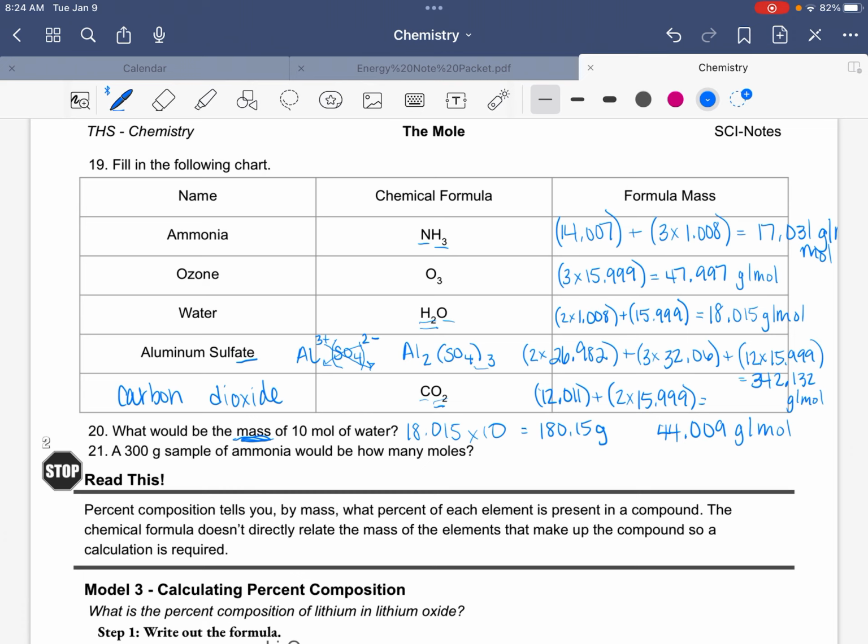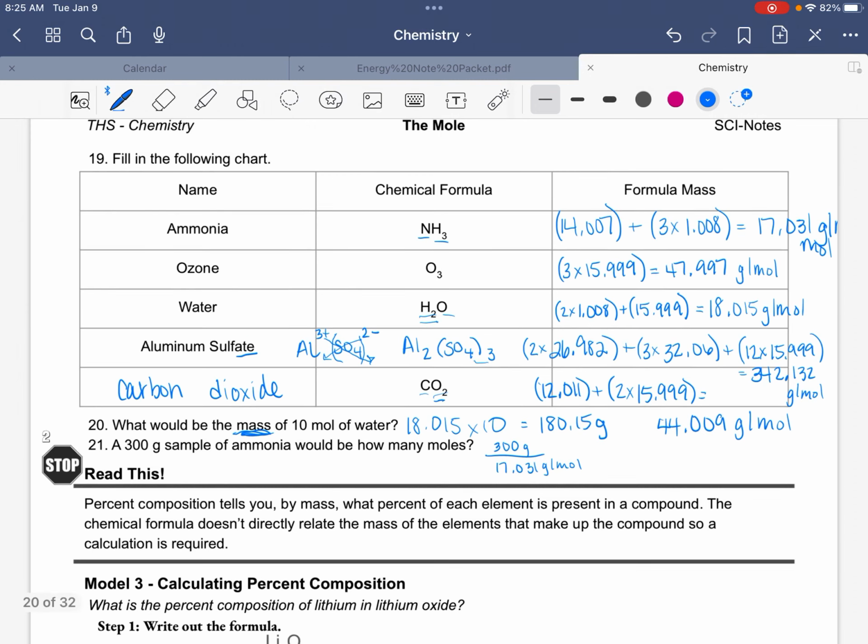For question 21, it says a 300-gram sample of ammonia would be how many moles? We did find the formula mass for ammonia. It is 17.031 grams per 1 mole. So if I have this many grams, and I know this is equal to 1 mole of ammonia, I can divide my 300 grams by my 17.031 grams per mole.